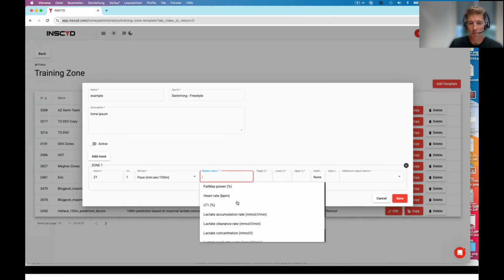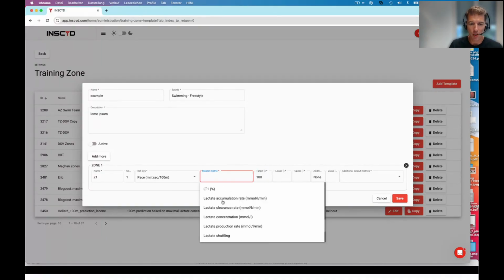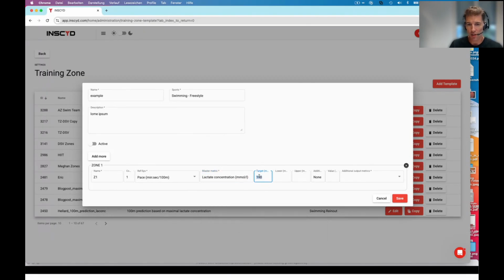Or a very classic one, you can say, give me 100% of lactate threshold 1, for example, okay? Boom, you can do that. And of course, you can do anaerobic threshold, maximum lactate steady state, whatsoever. You can also do a fixed lactate concentration and say, okay, my training zone is a fixed lactate concentration. Okay, easy. So far, so good.